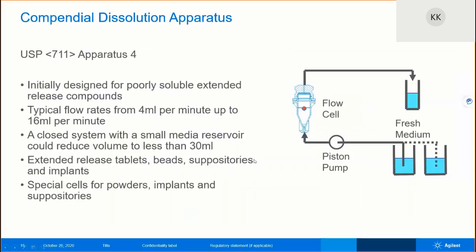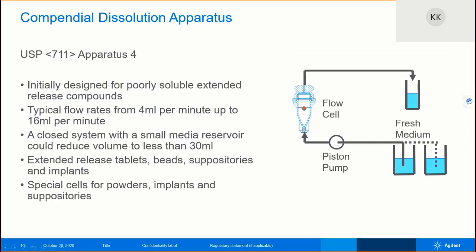What else is there? There is the apparatus 4. We at Agilent don't have that system, but just to mention it here, it was initially designed for poorly soluble extended release compounds, and typical flow rates from 4 milliliters per minute up to 16 milliliters per minute.